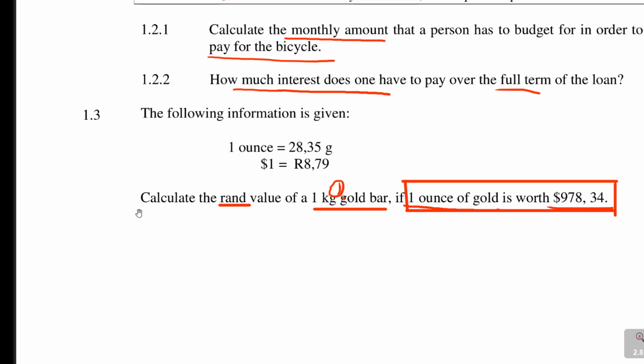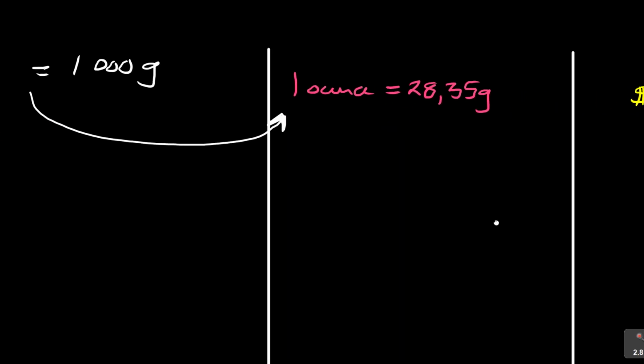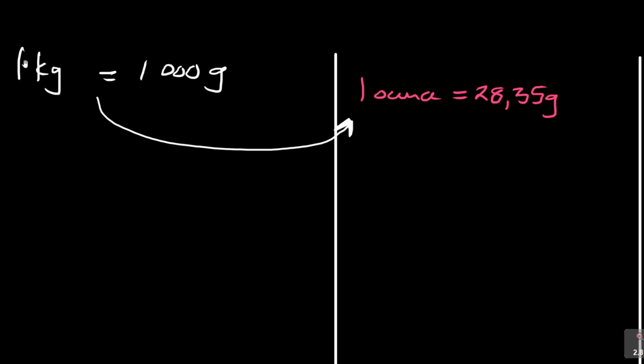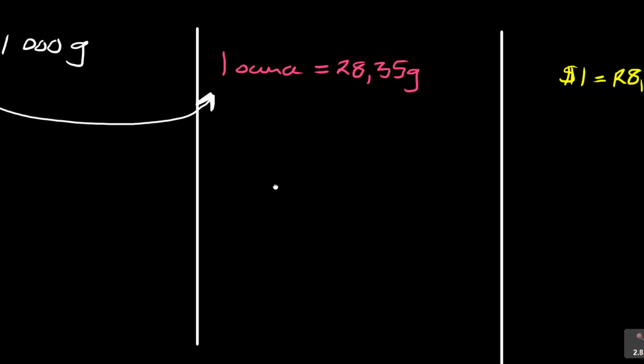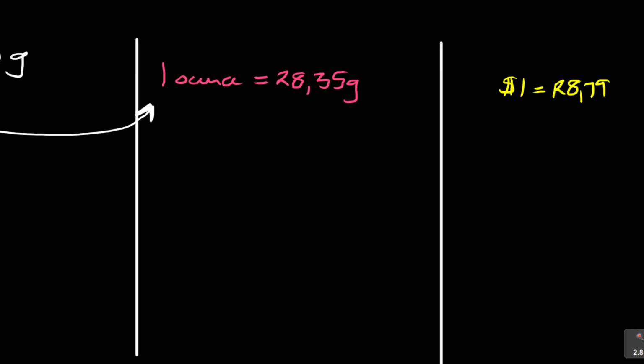So let's take it back. I'm going to convert 1 kilogram to grams, which is 1,000. Then I'm going to take this 1,000 to this rate and say I know that one ounce is this many grams. So what about 1,000 grams? How many ounces are there?